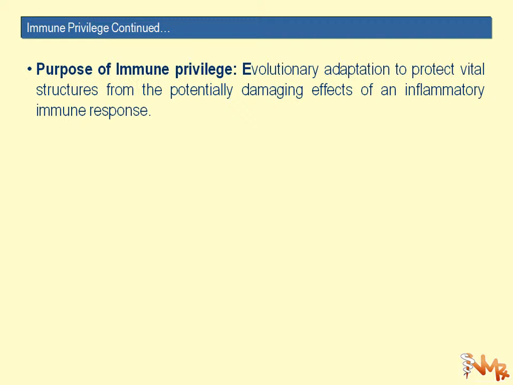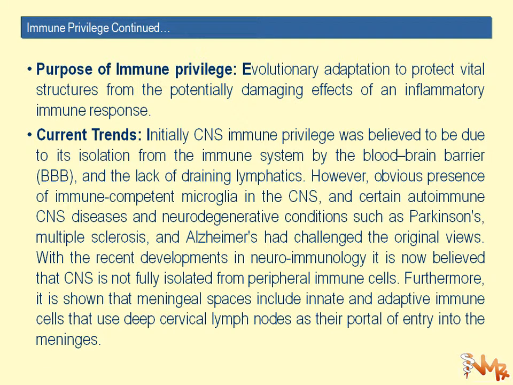Evolutionarily, we believe that this is an adaptation to protect vital structures from the potentially damaging effects of an inflammatory immune response. Of course, the current trends tend to somewhat disagree with these historical views.